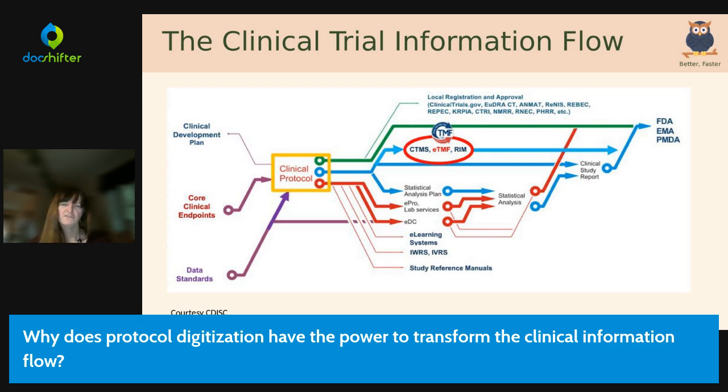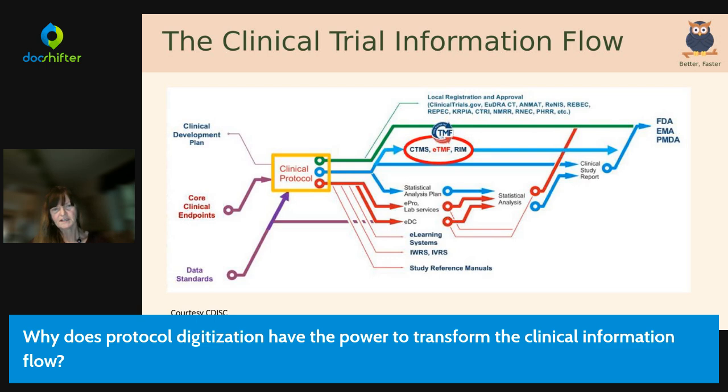E-learning, what kinds of training do we need to conduct based on the protocol? And randomization and trial supply. So how are we randomizing the patients, and what supplies do we need to deliver to the patients? And then any sort of reference materials.